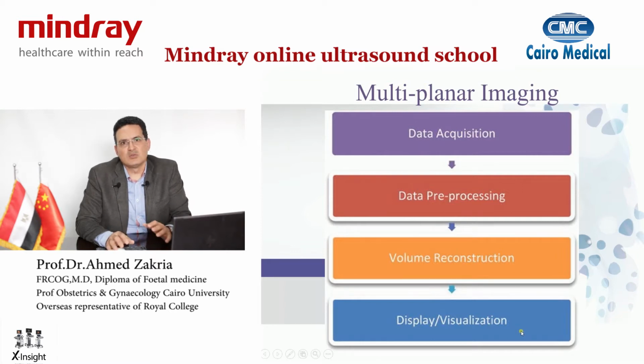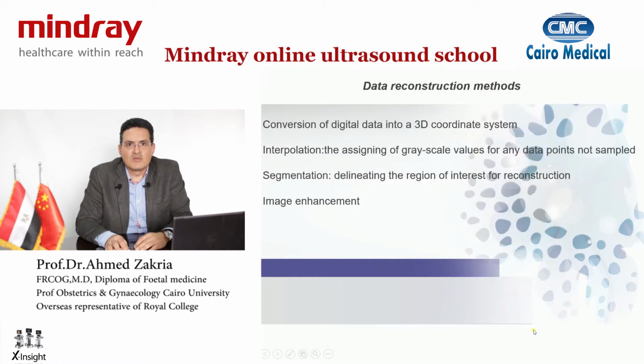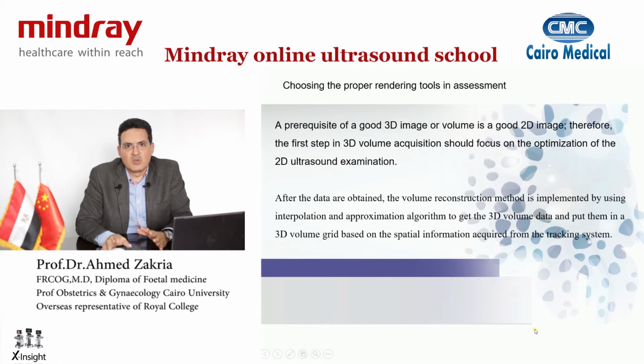The second step is the data pre-processing, the reconstruction of the image you have obtained by the computer available in your ultrasound machine, and then displaying your final image. In that, we have to choose the proper rendering tool, because your proper rendering tool is the main cornerstone of having your image.